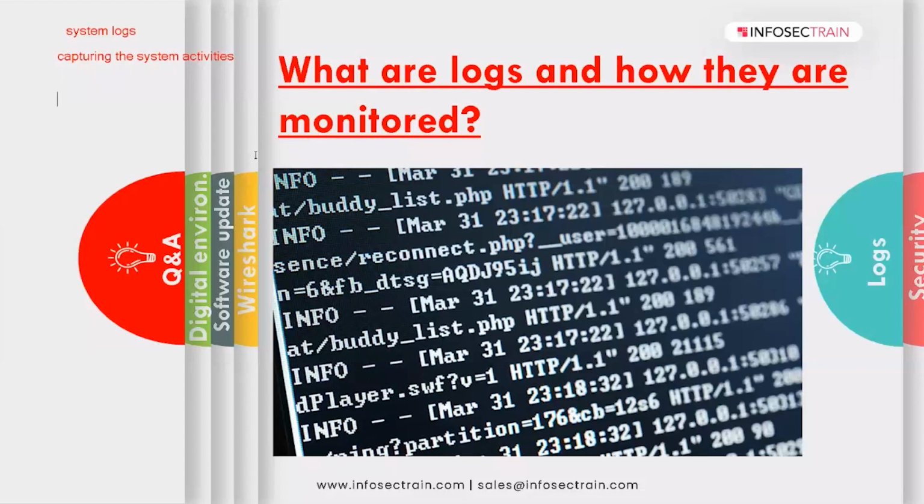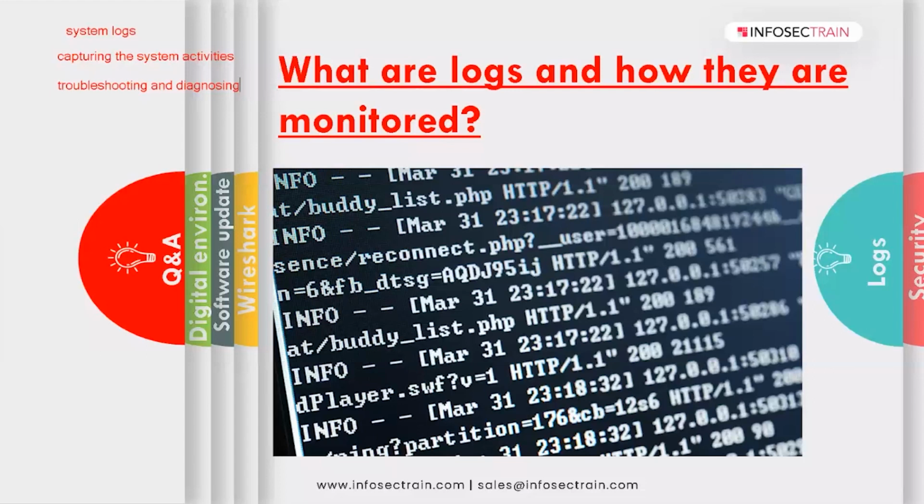He can look for the error messages and the warnings, which will provide insights into the root cause of our issues. Whenever a system is crashing, the system logs will provide details about the events leading up to the crash, such as software conflicts or resource limitations.